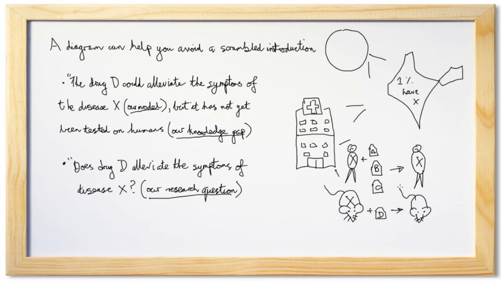So I've found that when researchers start by drawing a system like this, then when they come to write, they are not as likely to scramble things up. And the reason for this is, I think, that when we draw, we are quite used to starting with an outline and then working our way into the details.